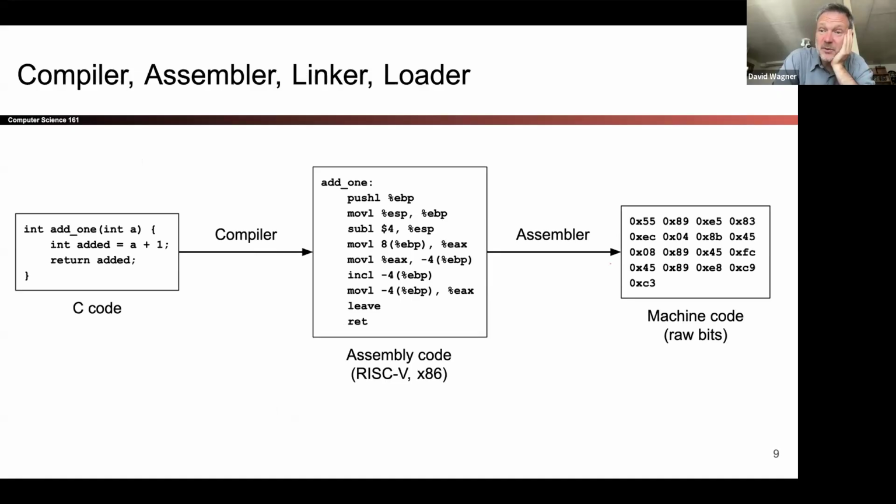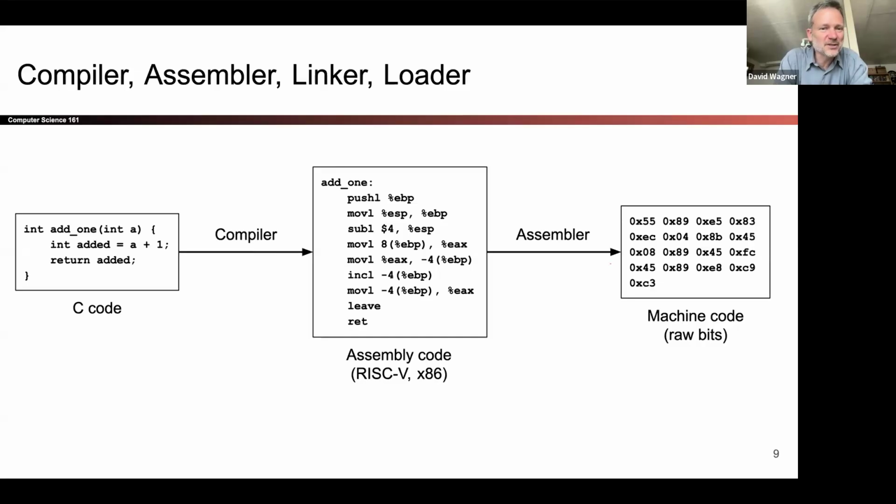Machine code is a sequence of bytes, and it's what's actually run by the processor, by the CPU. Assembly code is a human, textual way of writing that very closely corresponds to the bytes that the CPU runs. But it's just a more human readable way of writing machine code.